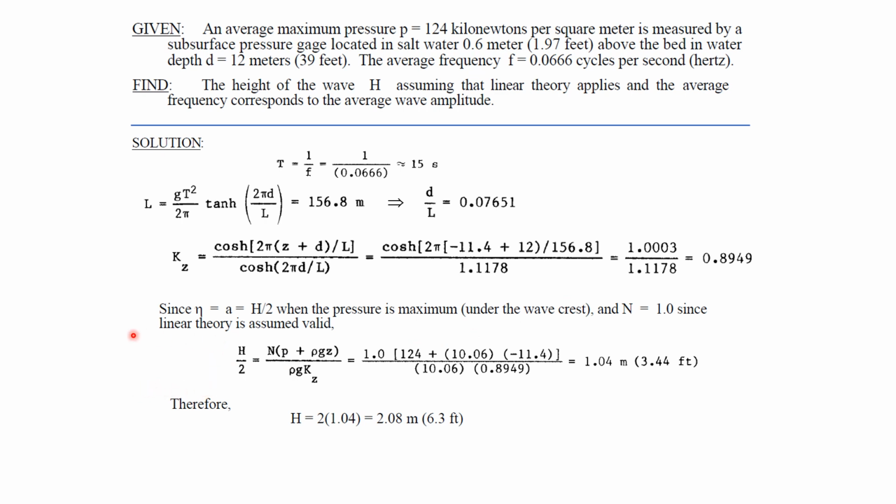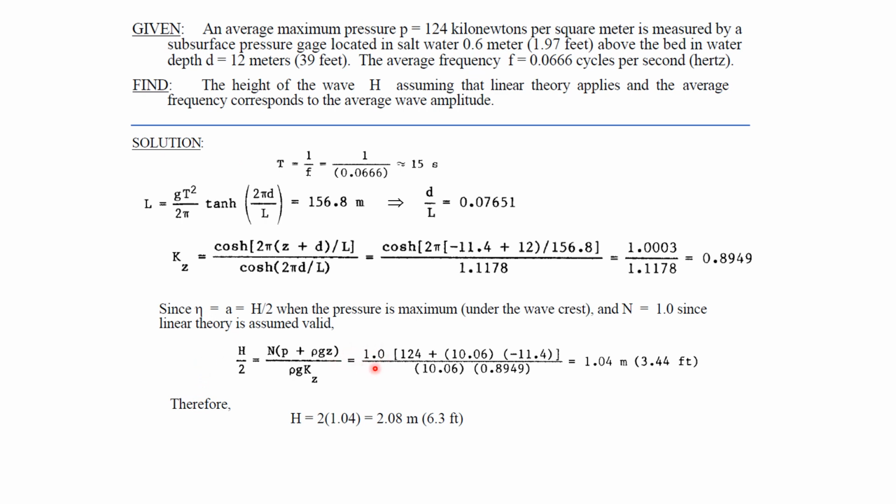And remember this equation, the left hand side is eta, which is the water surface displacement, and so it equals the amplitude H over 2 during the maximum pressure condition. Under the maximum pressure condition, P equals 124, which is the value that we observe.